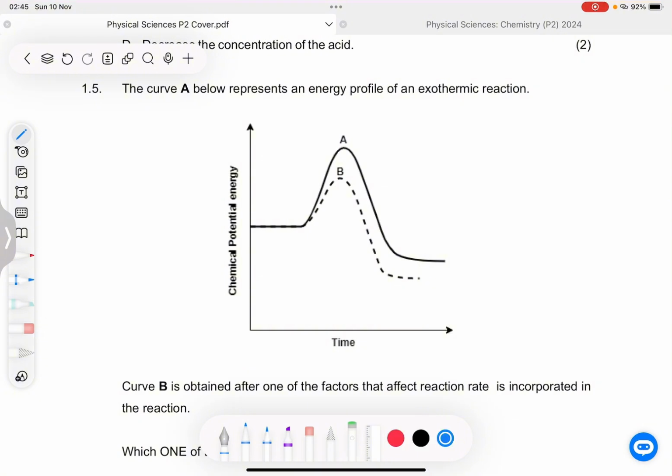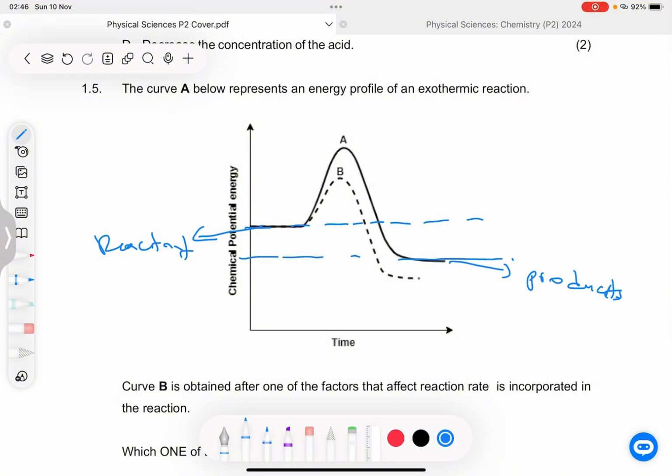It represents an endothermic reaction, because if we look here, these are our reactants. Remember we said this part here is our reactants, and this part here is our products. So here we are measuring the energy of the reactants, and here we're measuring the energy of the products.